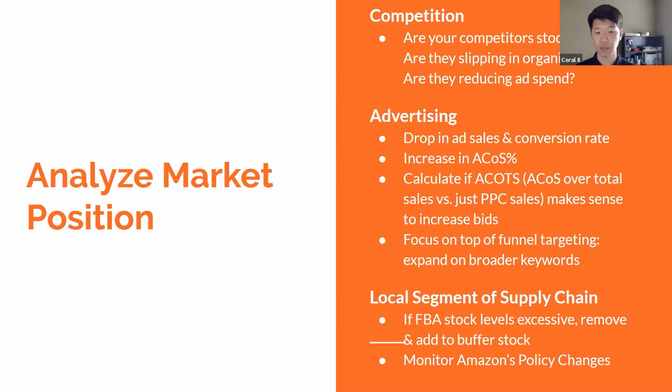Hence the consideration for the ACOTS. See if you have ample buffer in your averaged out net margin to see if it makes sense to increase bids for your keywords. And you want to also focus on top of funnel targeting.